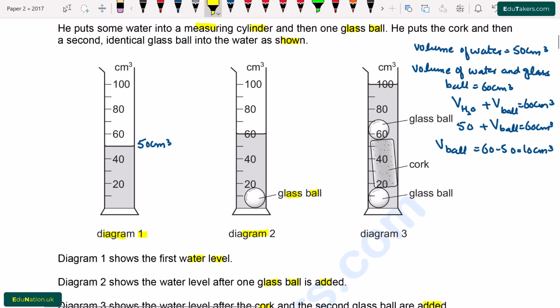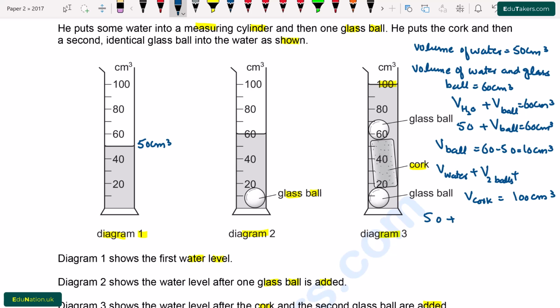In diagram 3 we can see that when the second glass ball and the cork both are added, the volume will be 100 cubic centimeter. So I write here volume of water plus volume of two balls plus volume of the cork is equal to 100 cubic centimeter. Now I put values here. The volume of water is given 50 plus the volume of one ball is 10.